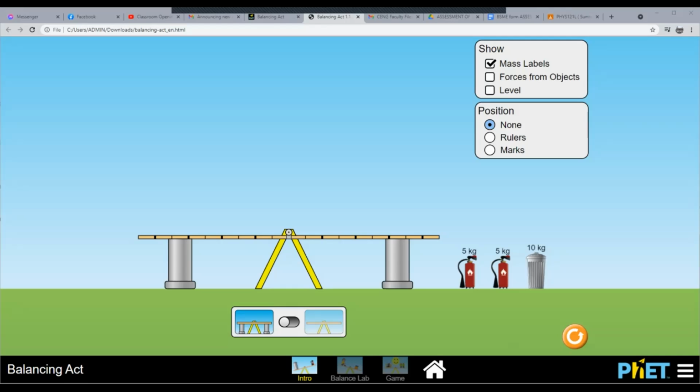Remember that the balancing act is very essential for any engineering structure, and most particularly it is given in the design courses of the civil engineering program. Simply because when we talk about designing, our ultimate goal is to have a balanced design.